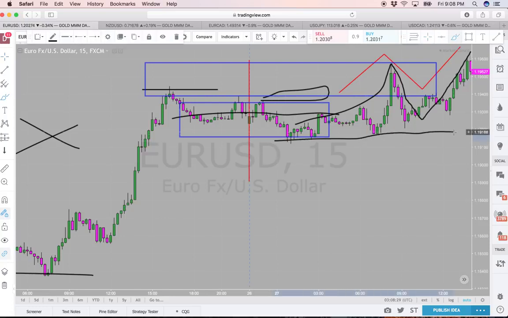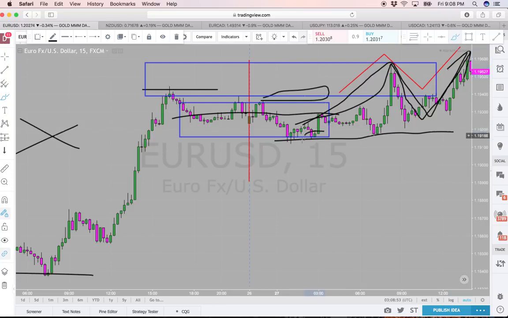Here's the low, and then we can see it looks like a continuation of this uptrend, because we know that an uptrend is creating higher highs and higher lows. So that is the definition of an uptrend to a retail trader.